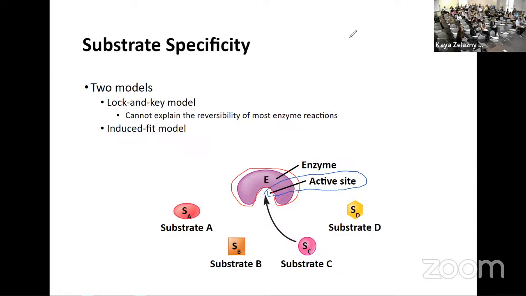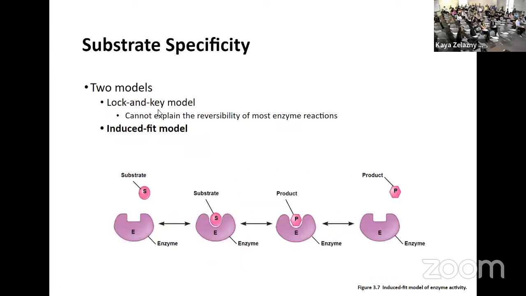It says that that active site and the substrate, when they come close to each other, interact a little bit so that the active site changes shape a little bit, kind of like Play-Doh, to match the substrate. This is necessary in order to understand why some enzymes can catalyze reactions in multiple directions.